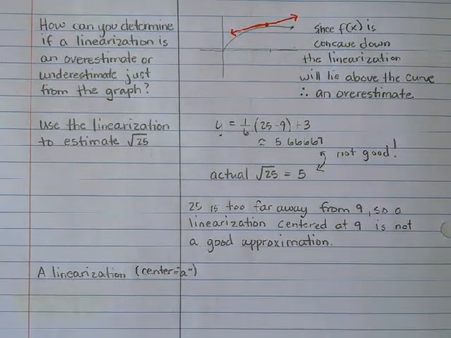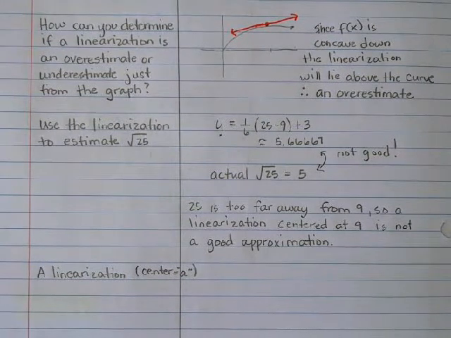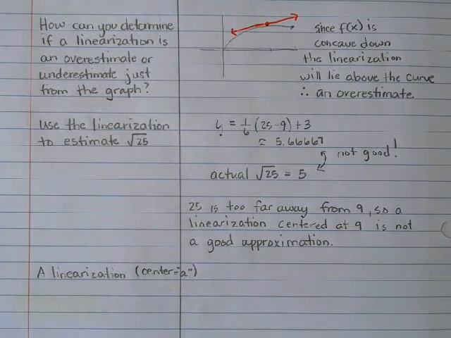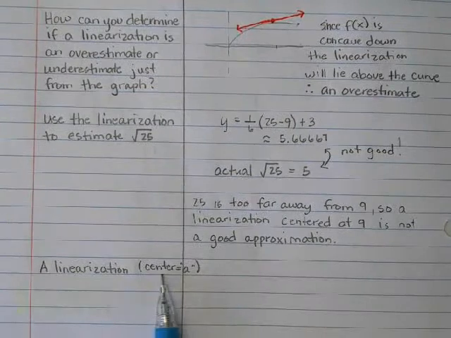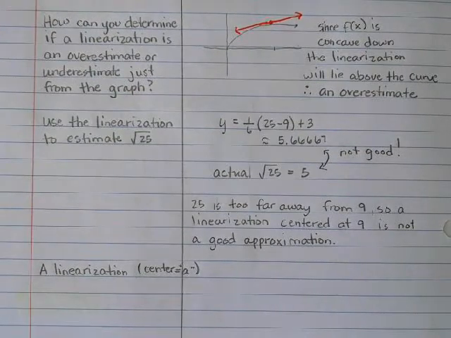I recall a test last year or the year before where I asked them to find the linearization of f centered at something, instead of at x equals 9. And a lot of kids were like, well, what does that mean? So just be aware that it might be called the center.